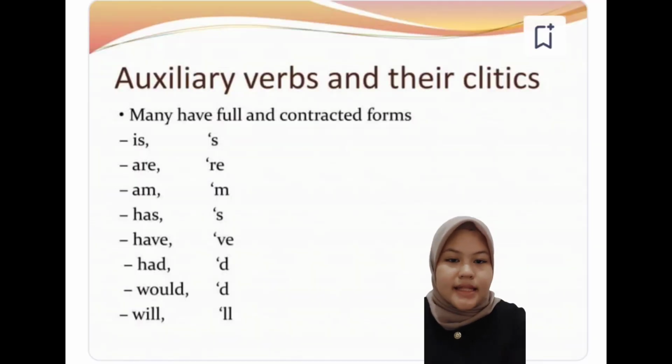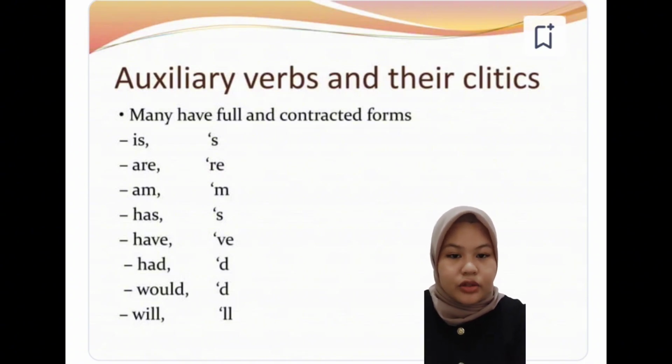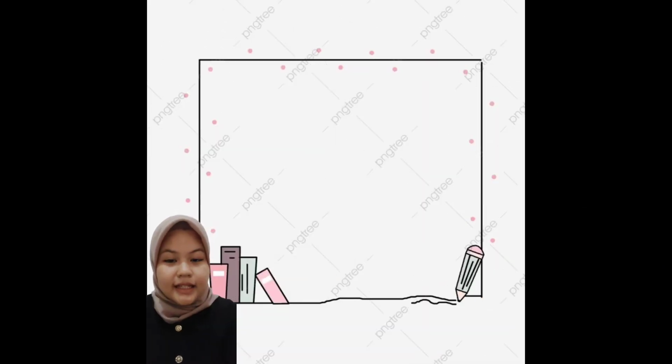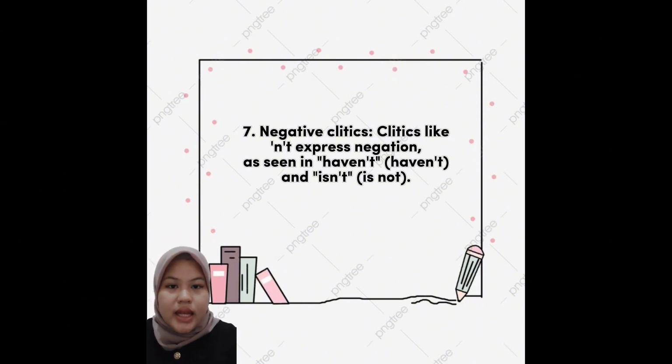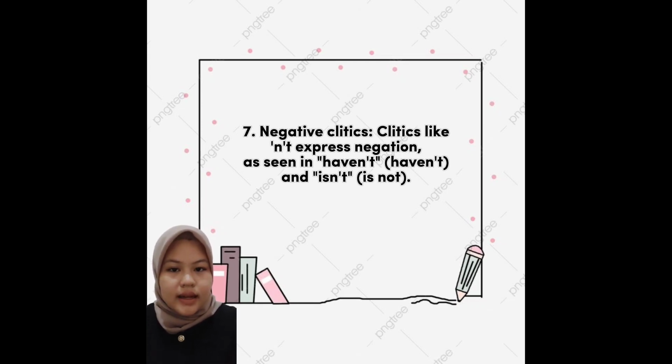Now, you can see other examples of auxiliary clitics, which I quoted from a blog on slideshare.com. Okay, the seventh category of clitics is negative clitics. Clitics like n't express negation as seen in haven't, have not, and isn't, is not.